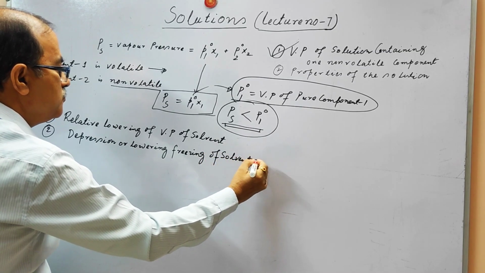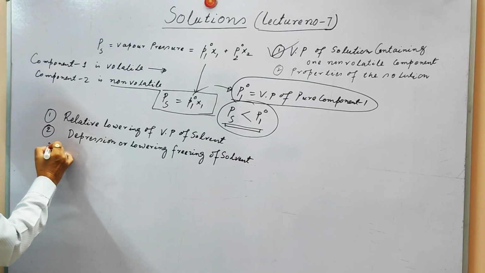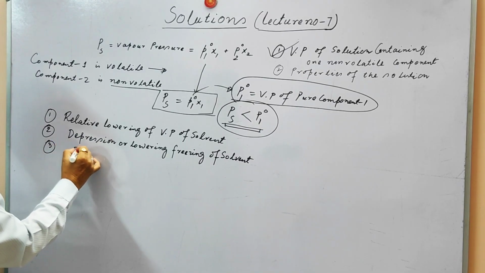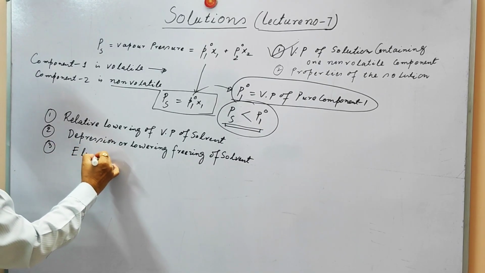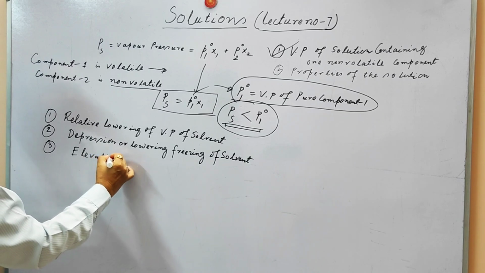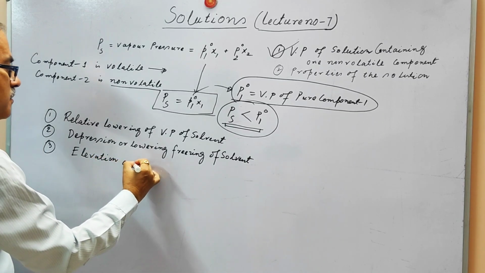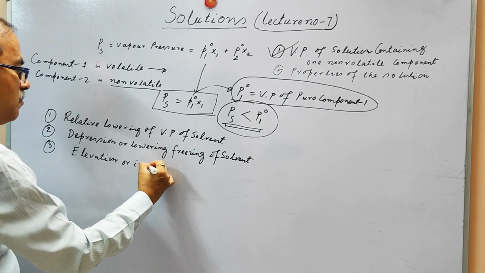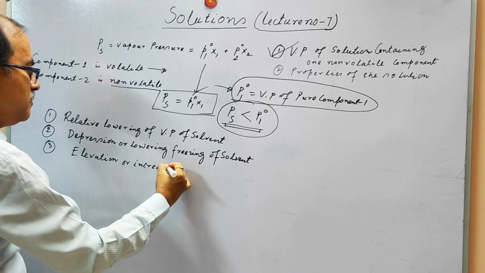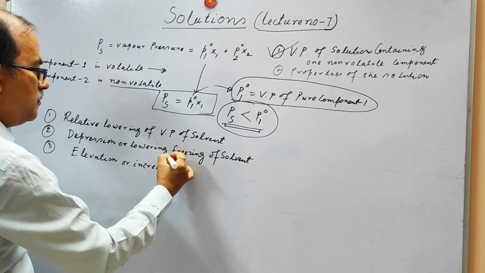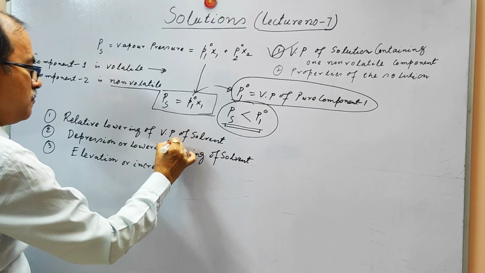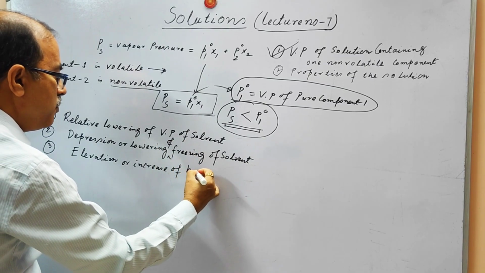Number 3, the elevation, meaning increase, of the boiling point.